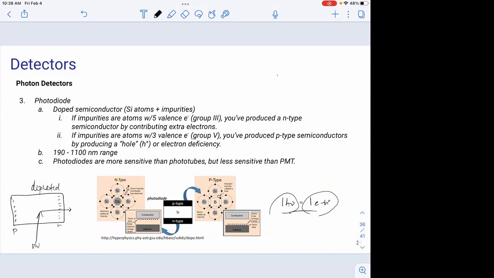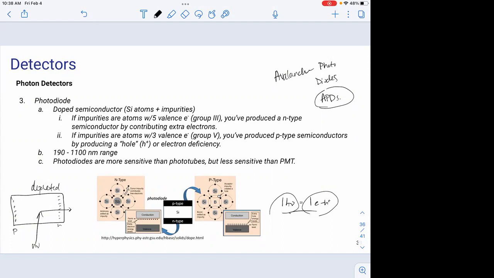And so we call these avalanche photodiodes, or APDs. These are common these days. They're cheap. They used to be really expensive. They're cheap now, and they're much more sensitive than just a simple photodiode detector. And so if you're thinking about using photodiodes in an instrument, you're probably going to think about using an avalanche photodiode, just because of the increase in sensitivity, and really no significant increase in noise.